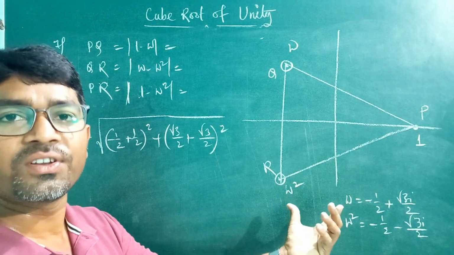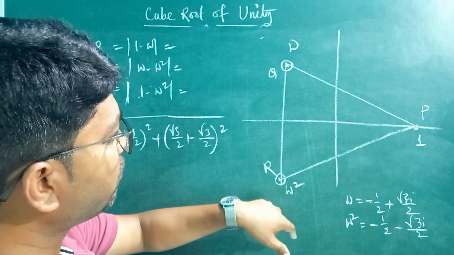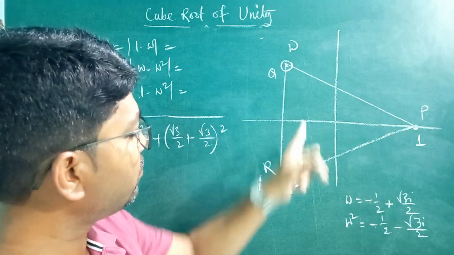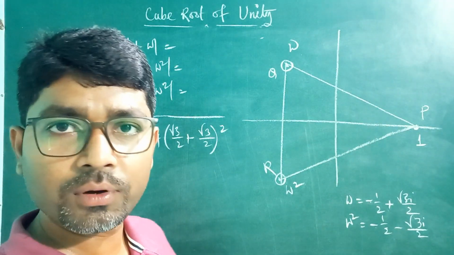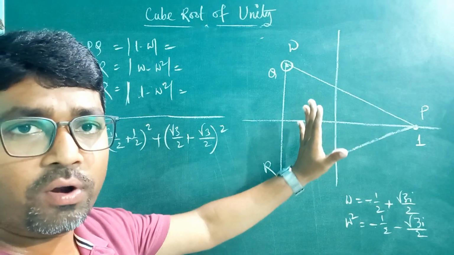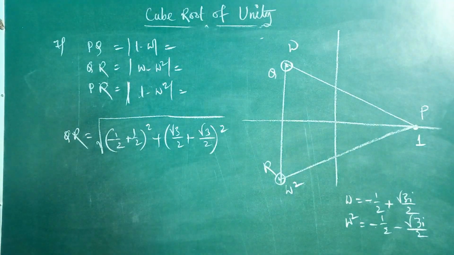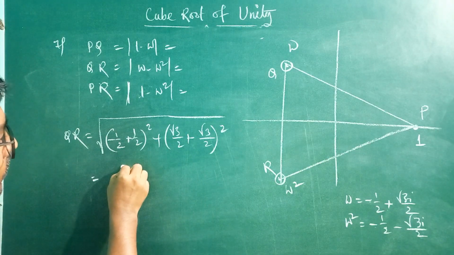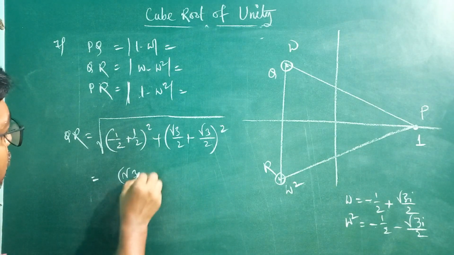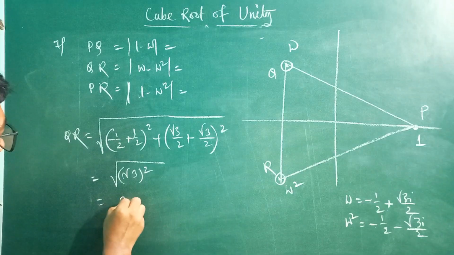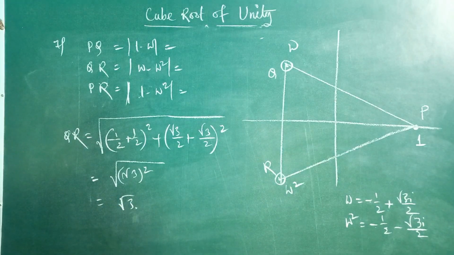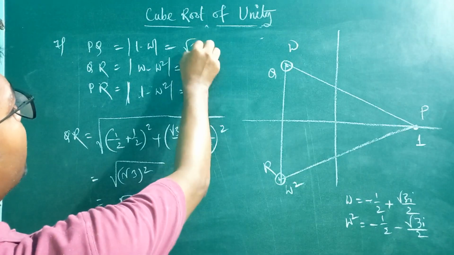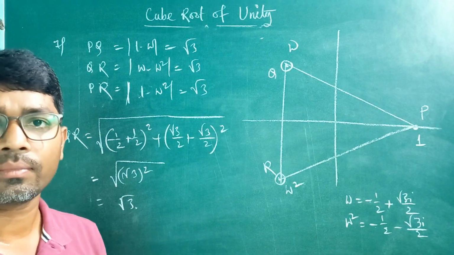Just take it from the distance formula, because they are obviously coordinates. This one is (1, 0), this one is (minus half, plus root 3 by 2), this one is (minus half, minus root 3 by 2). So they are just coordinates. So just calculate the distance. What will be the value then? This will be root of 3 square, that is only root 3. And similarly, if you calculate all the values, you will get the value root 3.